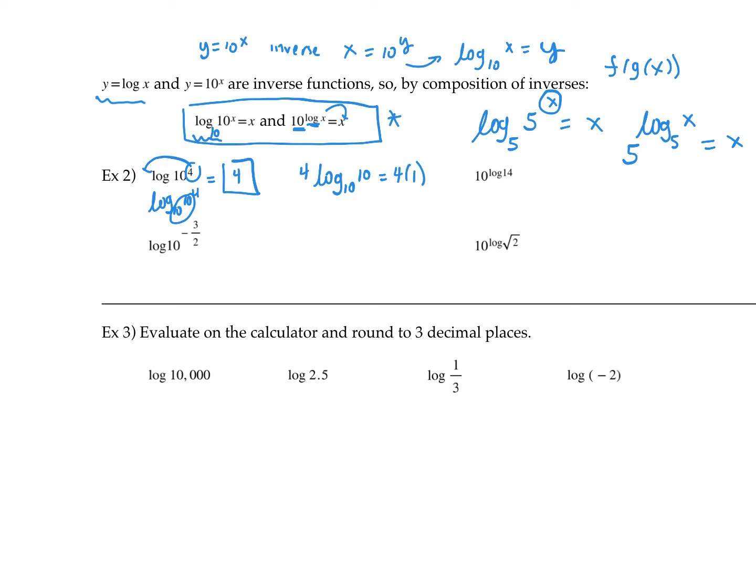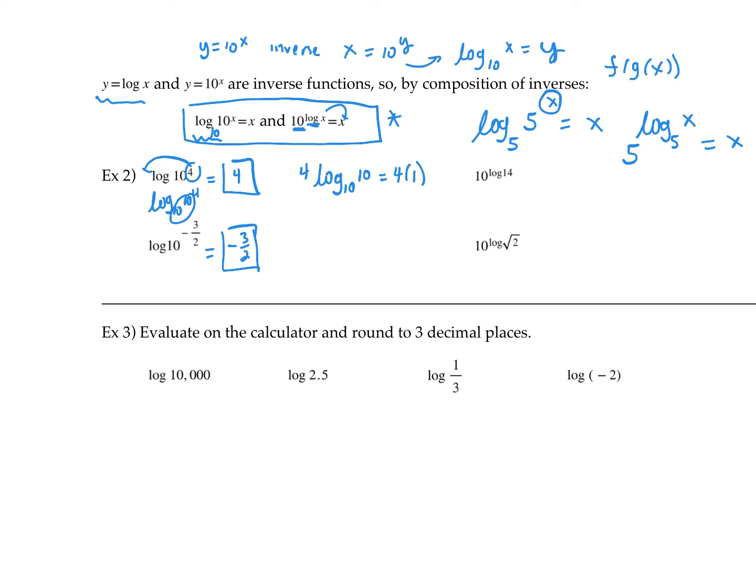Okay, so knowing that, we don't have to go through all of that other stuff again if you just accept that property. So down below, the common log of 10 to the negative 3 halves is just going to be negative 3 halves. And that's it, just that exponent.